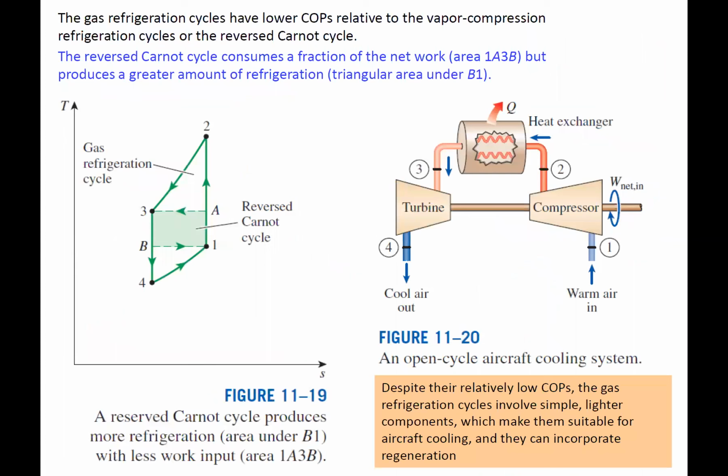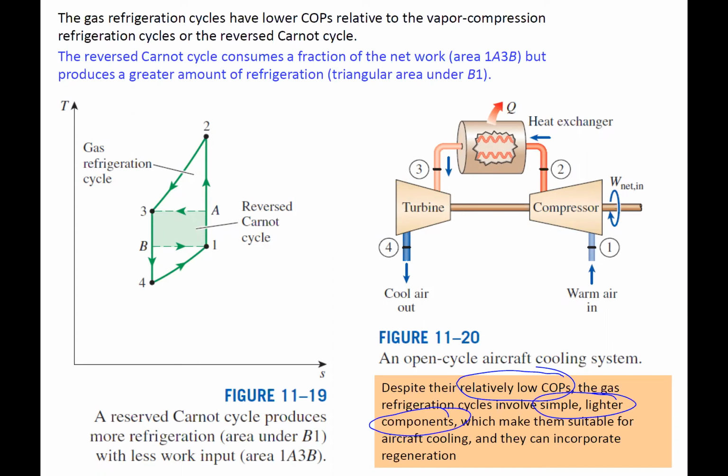So what happens in gas refrigeration cycles like this is you get a pretty low coefficient of performance. You're going to get a better one with a simple vapor compression cycle. But the benefit of them is they're simple and light components.